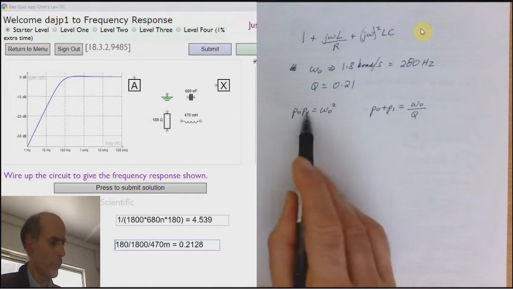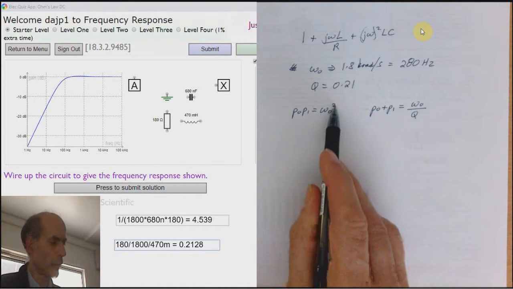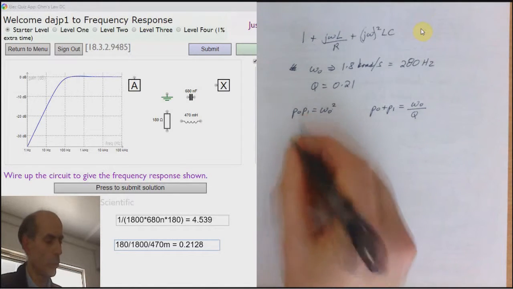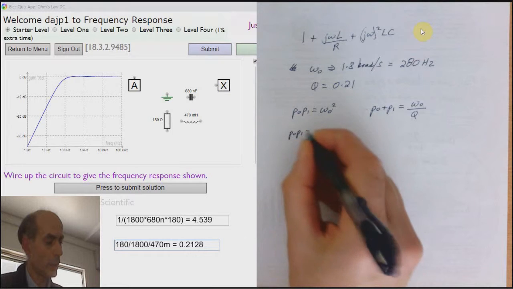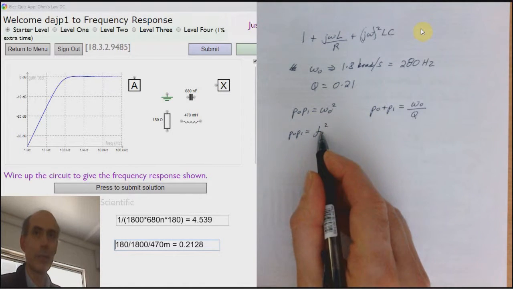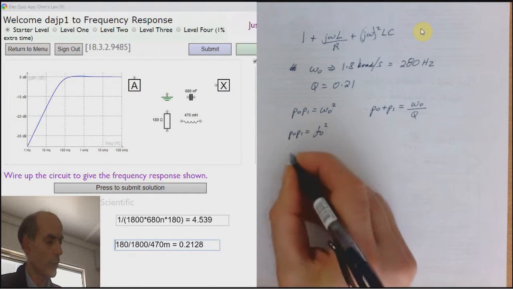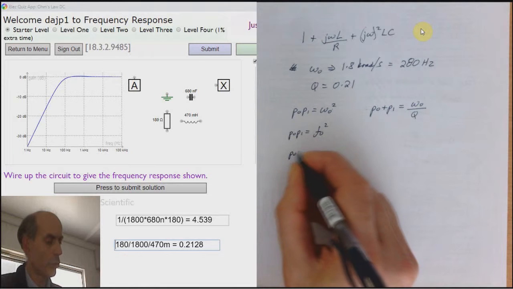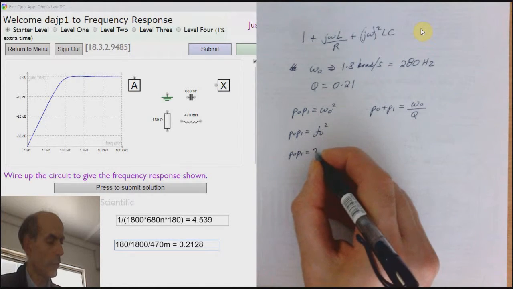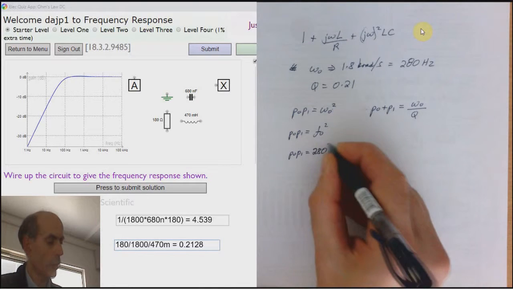So, let's have a look here. The product of the poles is omega naught squared. In terms of hertz, if we work in hertz, we could write the poles in hertz as being f naught squared, where f is the resonant frequency in hertz, and just write p naught times p1 equals 280 squared.